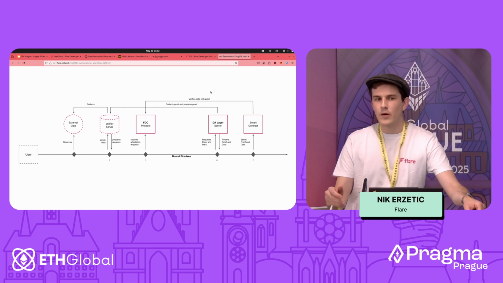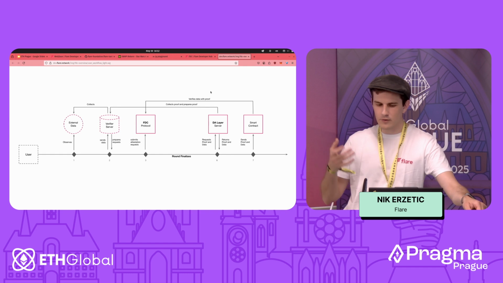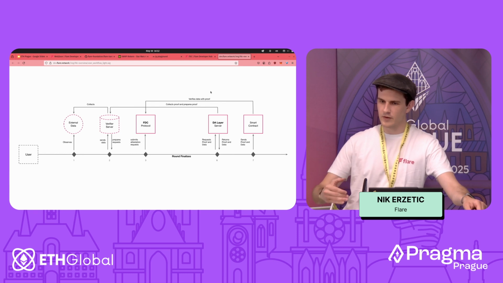Or rather, we can go to one of the Flare validators, which we call data providers, and request data from them. Then we can encode the data ourselves, generate the Merkle proof, and compare the proof that we have generated with the one that is written on chain.